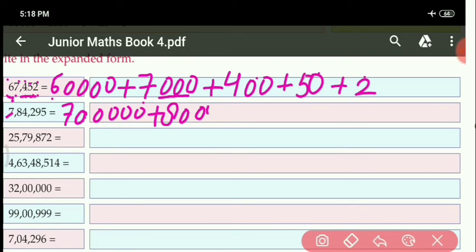Okay, so wait, again I am writing this here. See, 7 after how many 0s? 5 zeros.